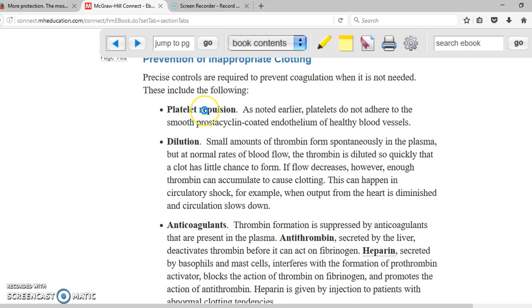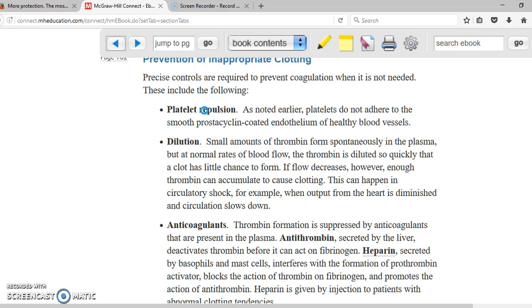Platelet repulsion. Obviously, the first step is to create a platelet plug. In order to create a platelet plug, the platelet must be attached to the damaged blood vessel. However, during the intrinsic mechanism, you don't need to have blood vessel damage.